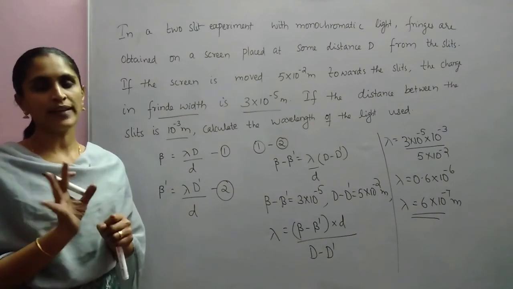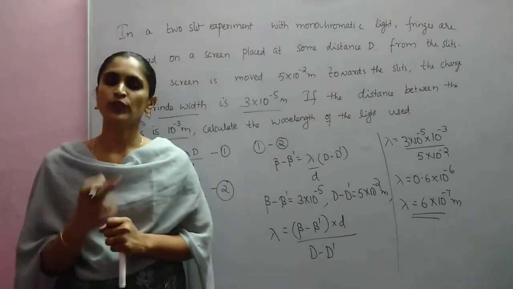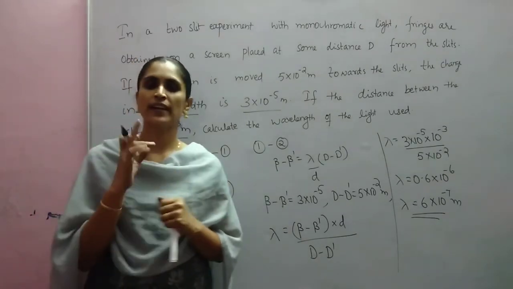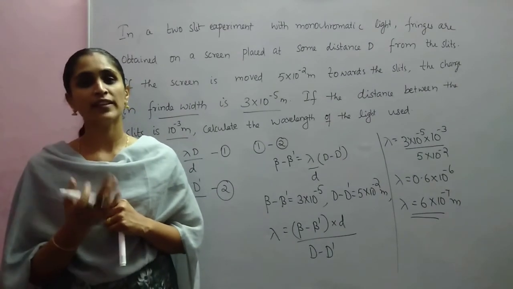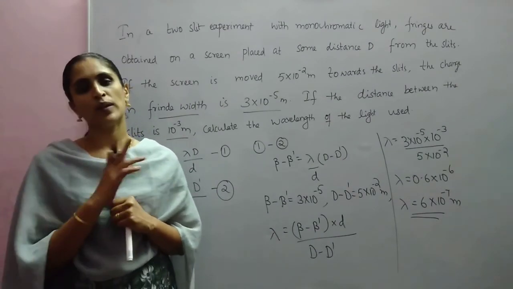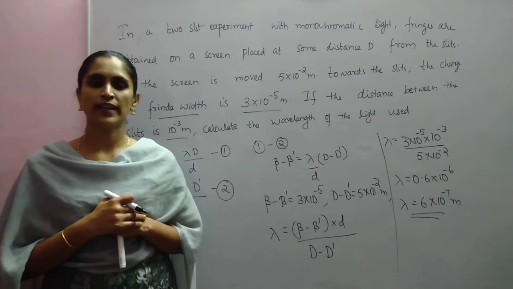When solving problems, the wavelength should be converted: if it is given in angstrom, 1 angstrom is equal to 10^-10 meters, and if it is given in nanometers, 1 nanometer is 10^-9 meter.